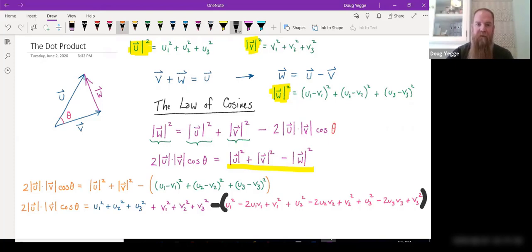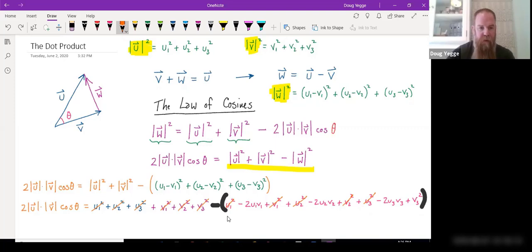We're going to be canceling out u1 squared minus u1 squared, u2 squared minus u2 squared, u3 squared minus u3 squared, v1 squared minus v1 squared, v2 squared minus v2 squared, v3 squared minus v3 squared. And so all we're left with are these three quantities.